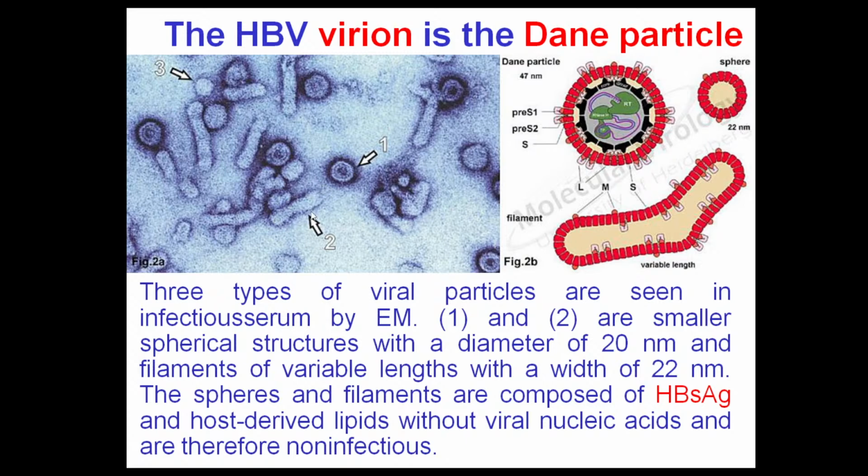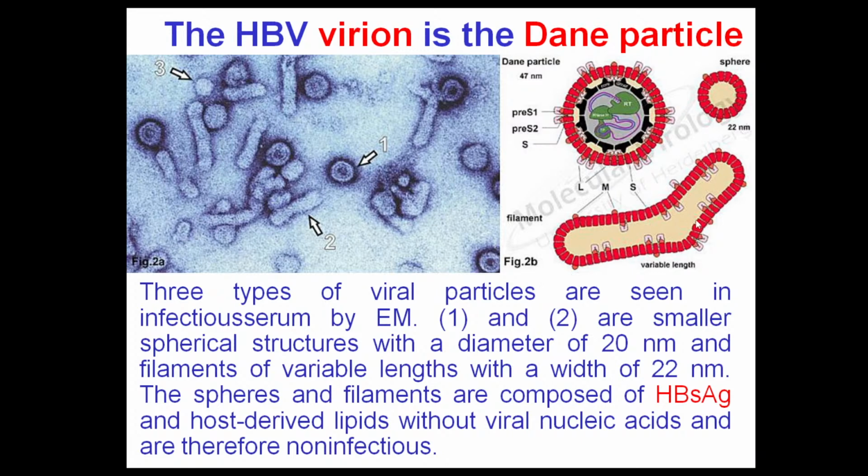They are filamentous, you can see like this, right? And they are spherical, you can see like this, but without the electron dense core of the virus. So it means they are empty particles. They have a diameter of 22 nanometers, and these spheres or filaments are composed of hepatitis B surface antigen only, inserted into host cell derived lipid membranes.